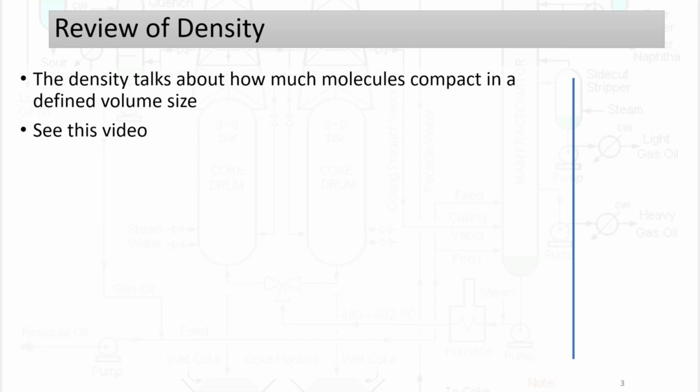How many molecules are there, and how much space will they occupy? Occupying the space is the volume, and if you talk about the amount of molecules, you talk about mass. What about how compact these molecules are together, in a defined volume size? Let's see this video together, to gain a deeper understanding of density.